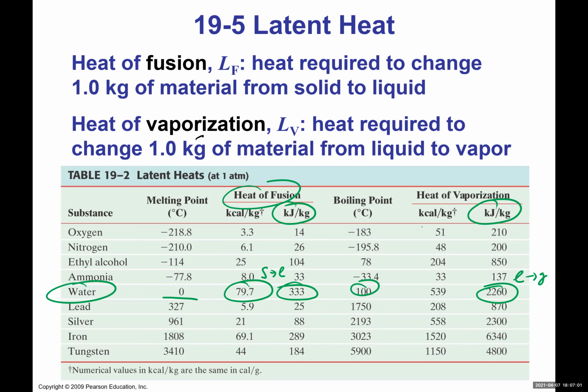Okay. And you can see that the other substances, for example, oxygen melts at negative 218. Nitrogen melts at negative 210 degrees Celsius. For example, iron is in solid form all the way to 1808 degrees Celsius, right? Tungsten, 3,410 degrees Celsius.